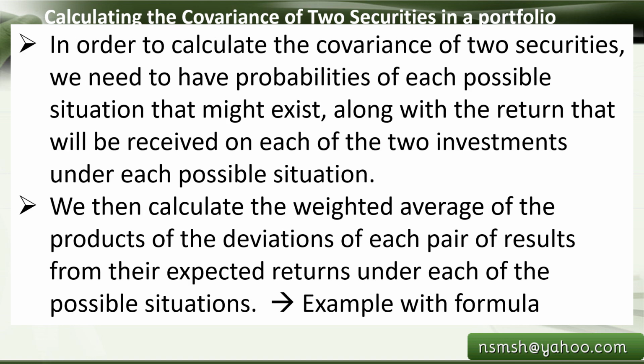In order to calculate the covariance of two securities, we need to have probabilities of each possible situation. If the rate of return is high, and if the risk is high, what is the probability of that situation occurring? Only then can we get the mean, the weighted return.